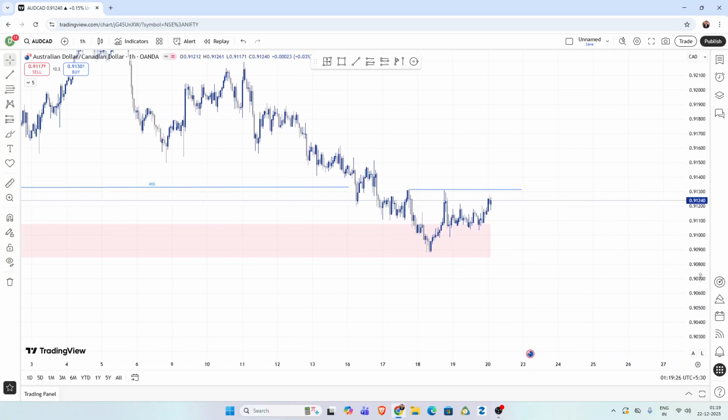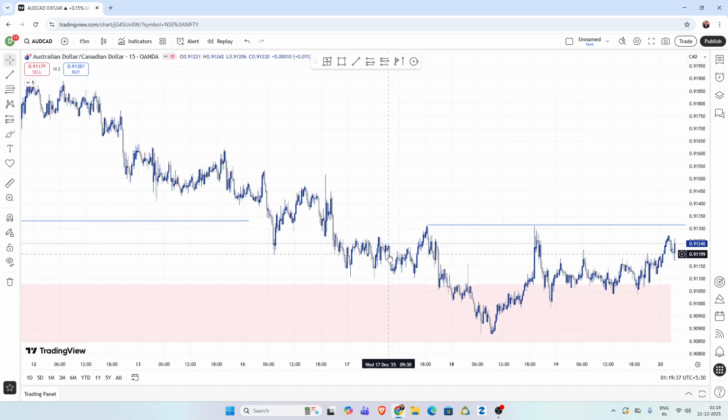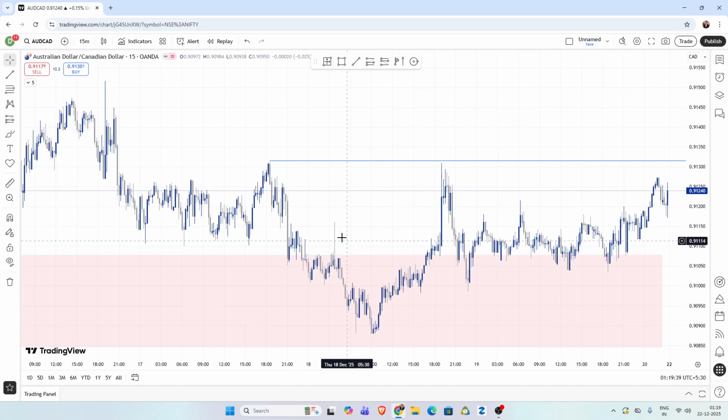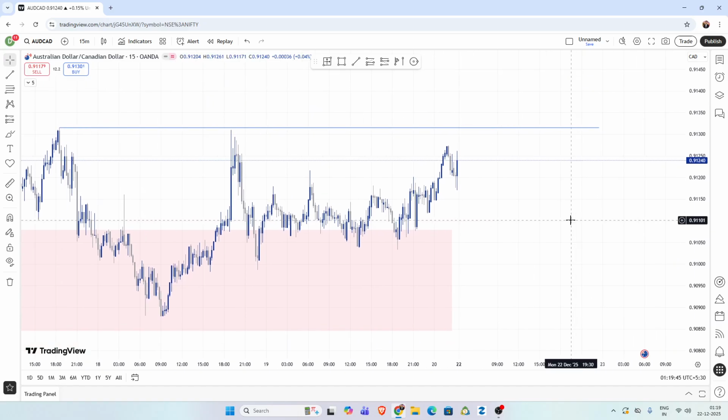I could have just traded any green candle in here in 1 hour, but no, I just want a clear structure shift. Even in 15 minutes, this is the major swing. It should be broken, and then only we should enter.